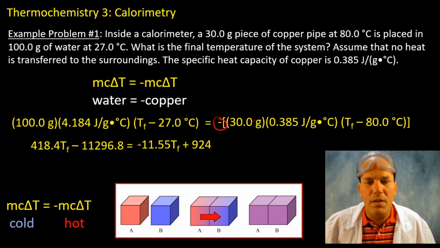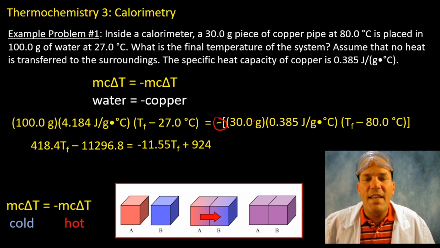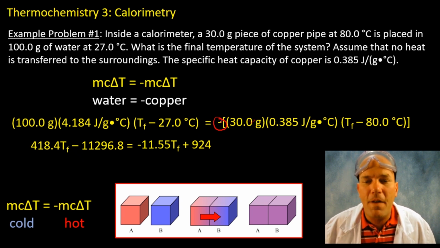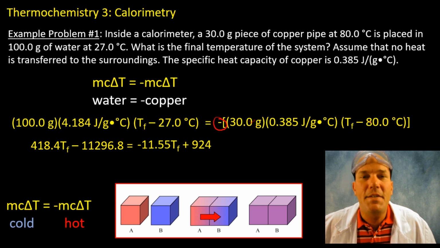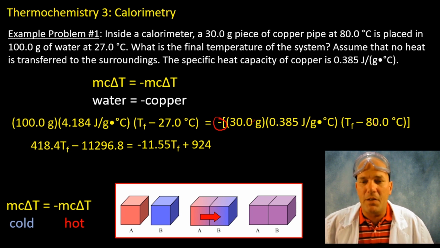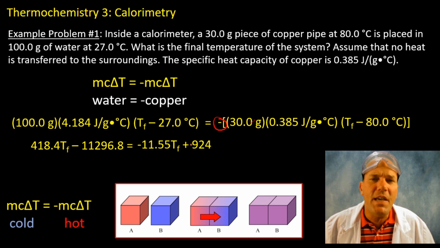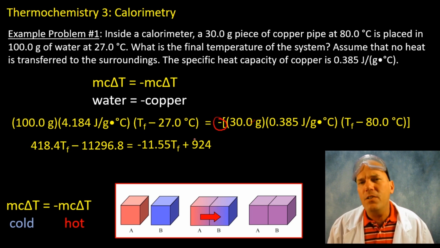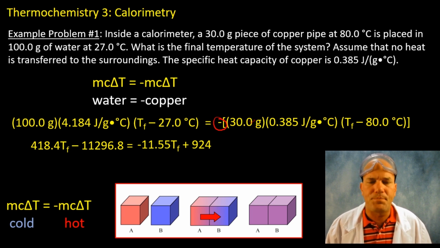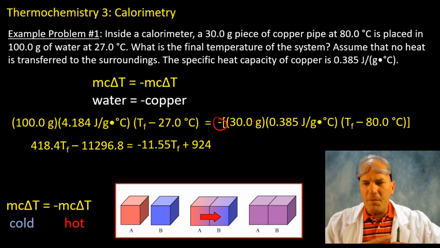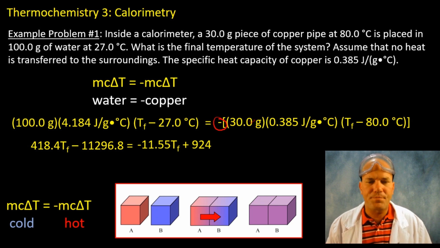Note the signage here because of this negative sign. And then we have a negative 11.55 multiplied by a negative 80 degrees Celsius, giving us a positive 924, and there are no units there. So we've simplified the expression.